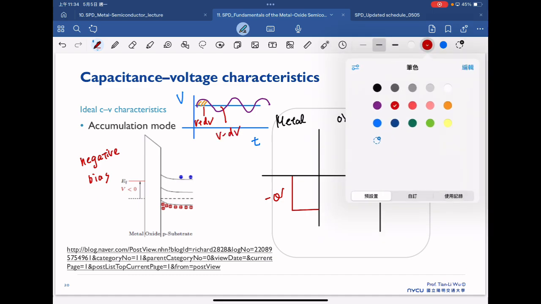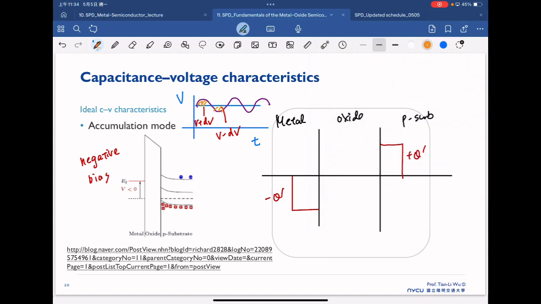So this creates a dq from the AC signal, and this dq should also be reflected in our charge distribution. This dq prime is also reflected at this point.